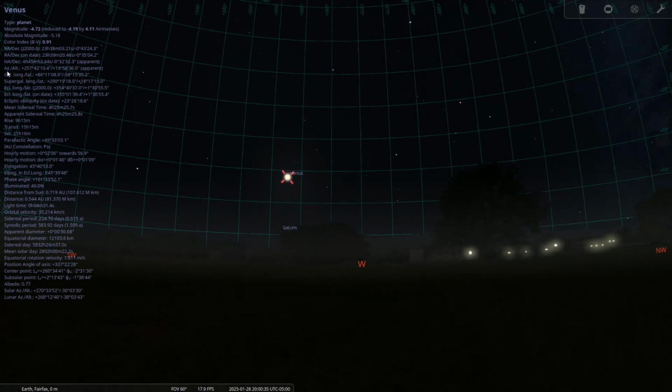Where you want to look is azimuth and altitude right here. The first number is azimuth. It's positive 257 degrees, 57 minutes, 10.4 arc seconds. And then the altitude is plus 13 degrees, 58 minutes, 36 seconds. So I was pretty close, just eyeballing this thing.